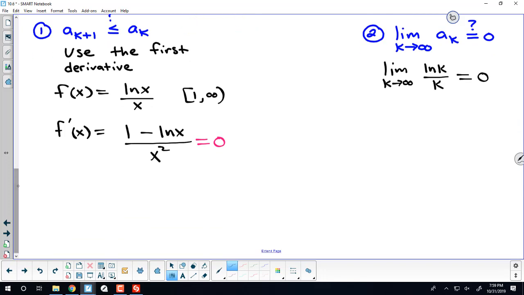So when is our first derivative 0? When does the ln of x equal 1? When x is e. So that's when your first derivative is 0.